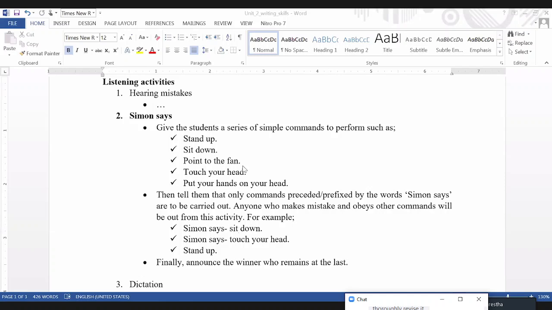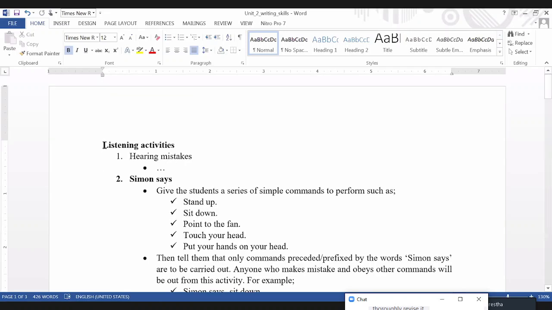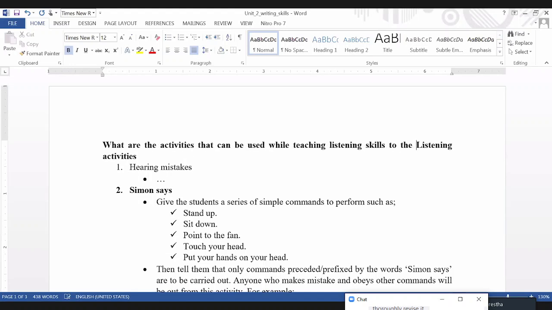Yes. Now a question can be asked. Here: what are the activities that can be used while teaching listening skills to the lower secondary level students?